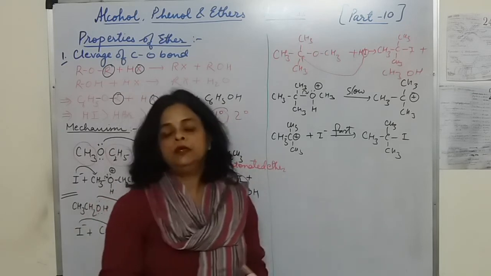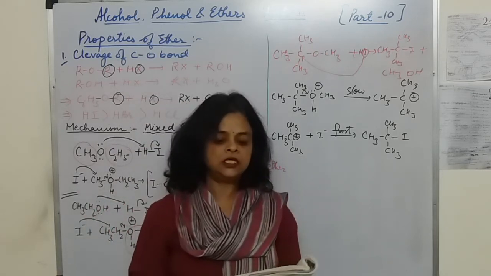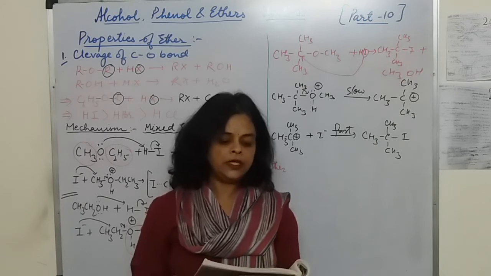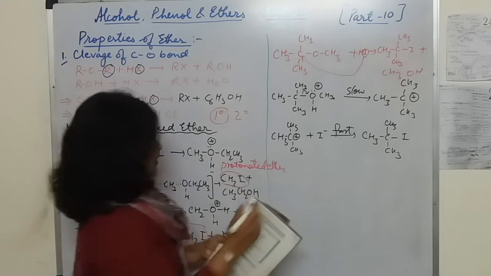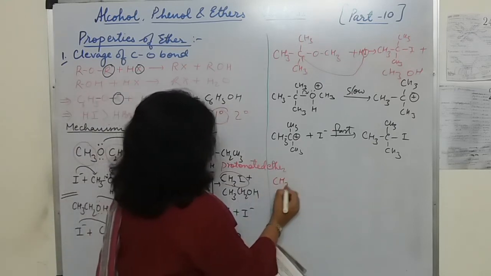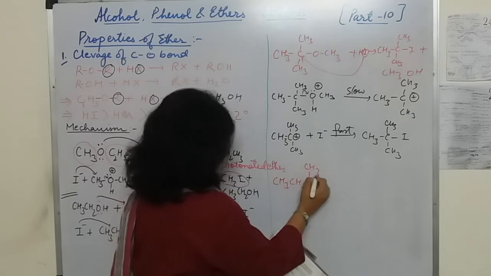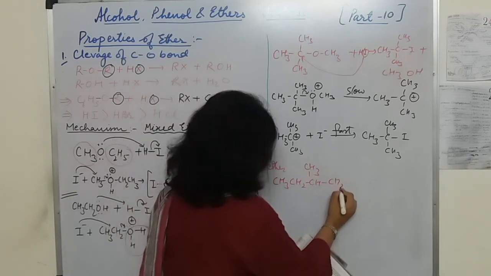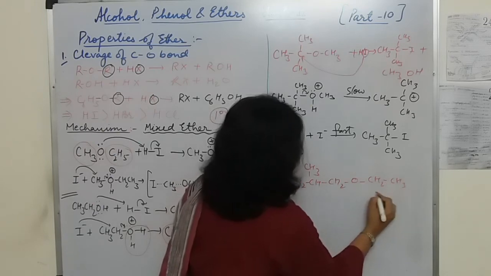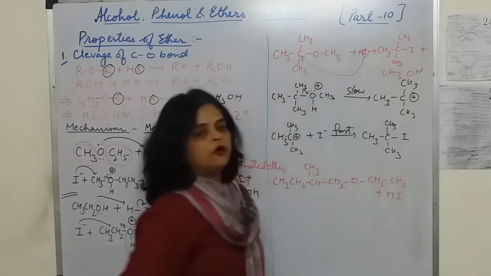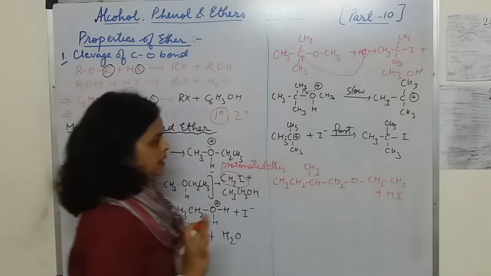Here, example 11.7. Give the major products that are formed by heating each of the following ethers with HI. Okay, let's draw their structure. CH3CH2CHCH3CH2OCH2CH3, HI. Now we have to write down the structures of one alcohol and one alkyl iodide.